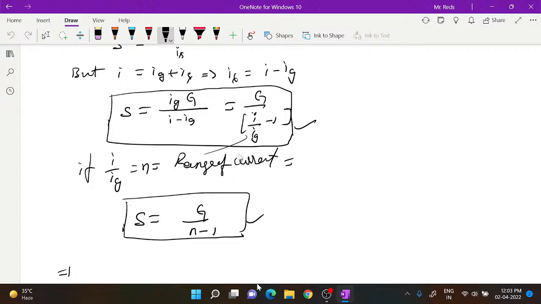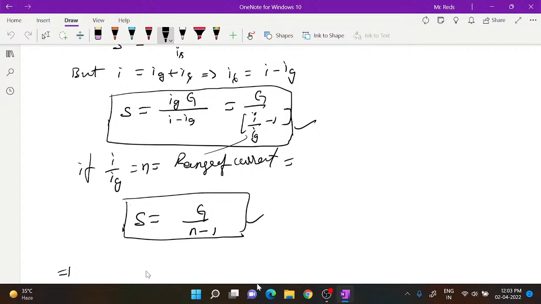The terminology while dealing with the numericals we can understand in different ways. This is a simple way of converting galvanometer into ammeter, and this formula you have to use while working on the numericals.